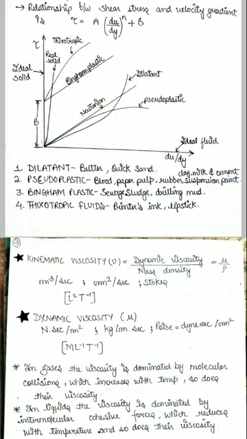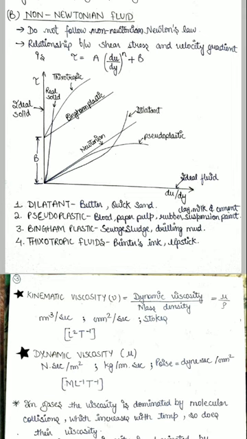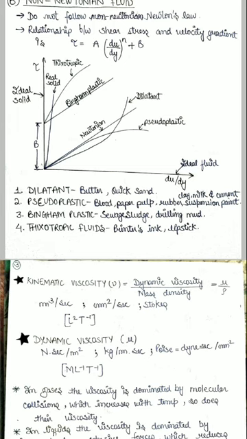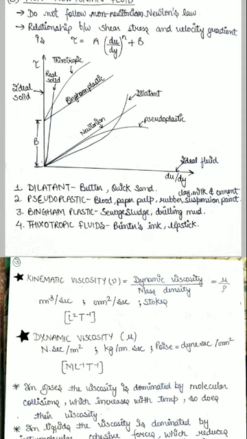Examples of dilatant non-Newtonian fluids are butter, quicksand, pseudoplastic, blood, paper pulp, rubber, clay, milk, cement, suspension paint, Bingham plastic, sewage sludge, drilling mud, thixotropic fluids, printer's ink, lipstick.